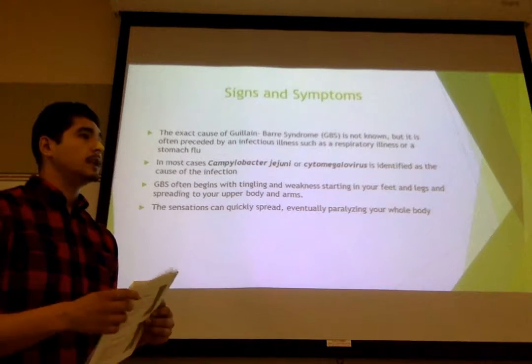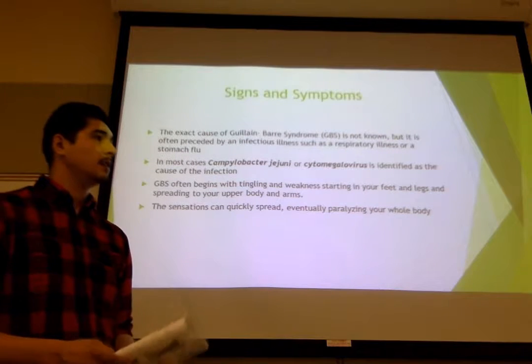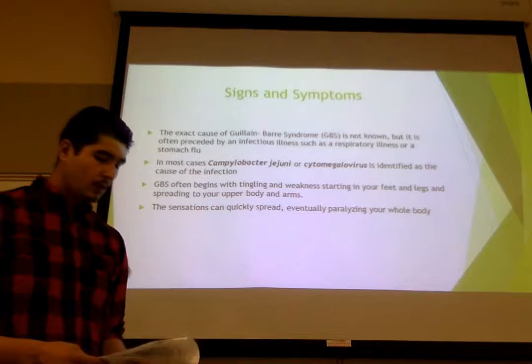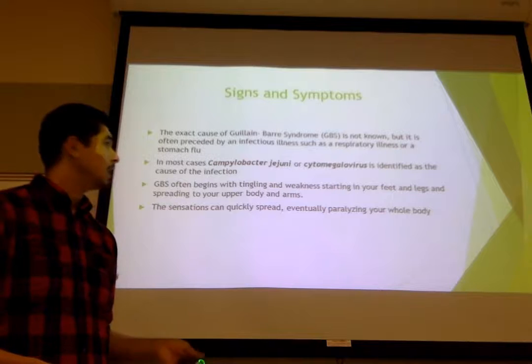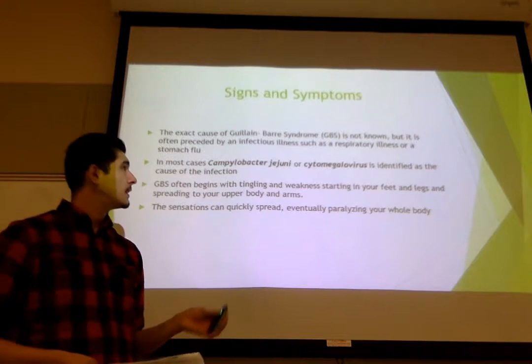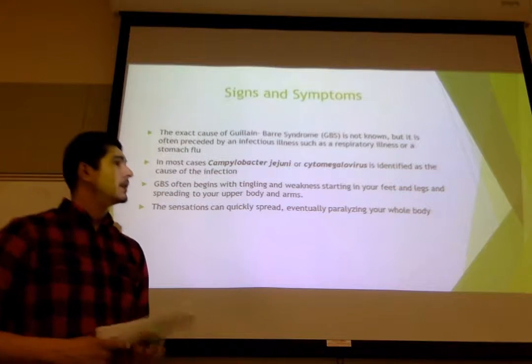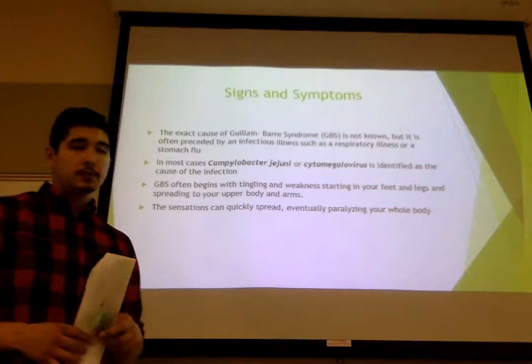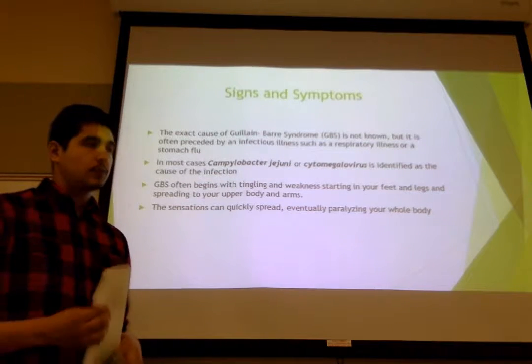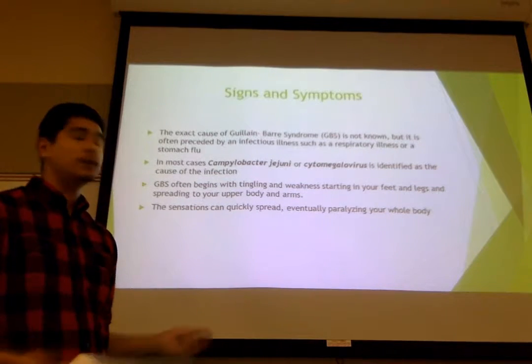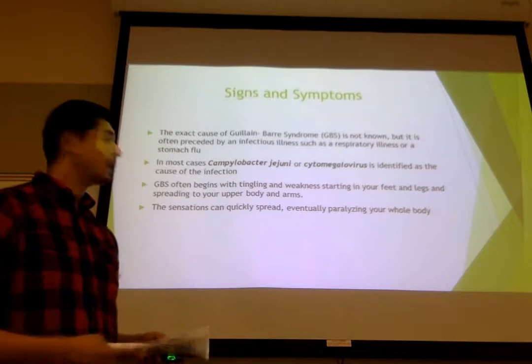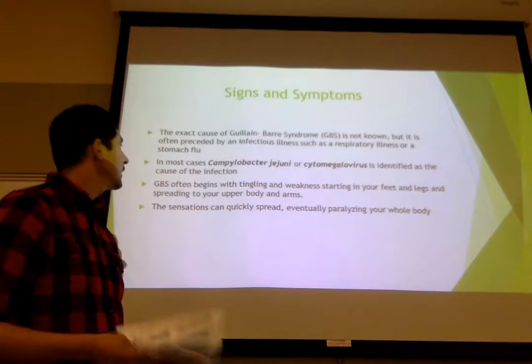Clinically, in around 60% of people who have Guillain-Barre syndrome, Campylobacter jejuni is the identified cause. And another note, Campylobacter jejuni is most often associated with food poisoning, so you might have encountered it once or twice before.